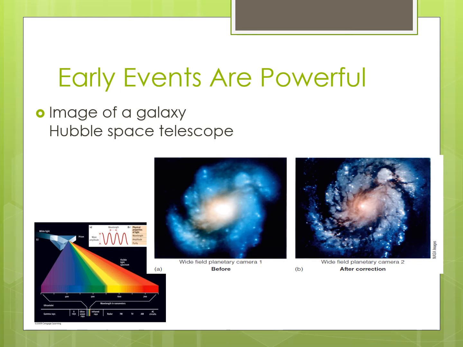But anyway, here's the first picture from the Hubble telescope where they sent up the cameras, and you can see, compared to the second one, that it's blurry. They could tell that there was just something wrong with the lens, and then they sent up corrective lenses, basically glasses for the Hubble telescope, and you can see in B how much crisper and clearer that world is.